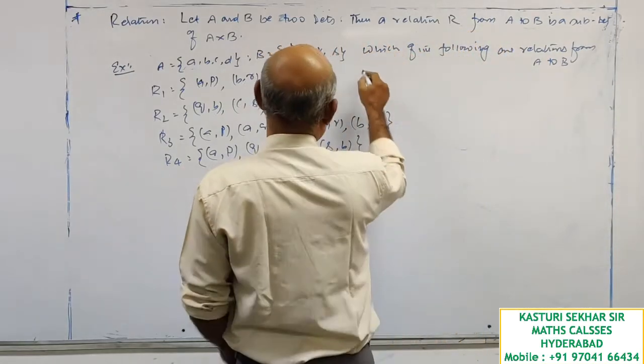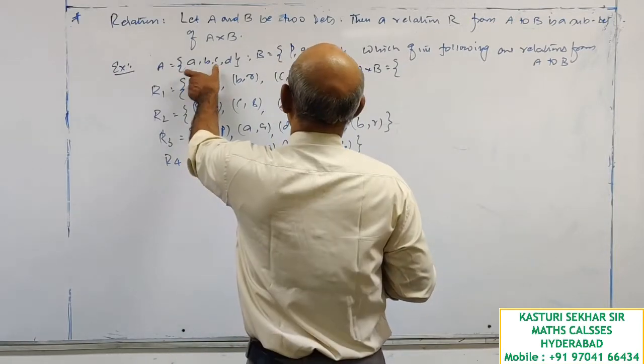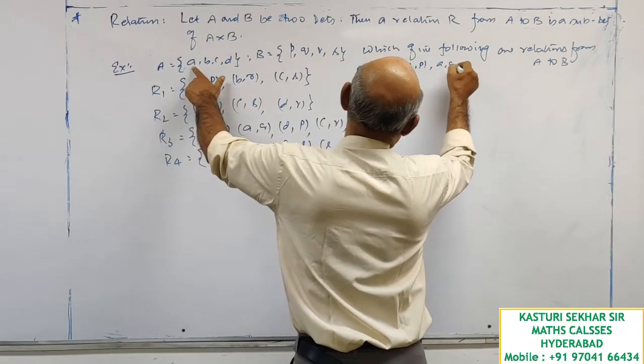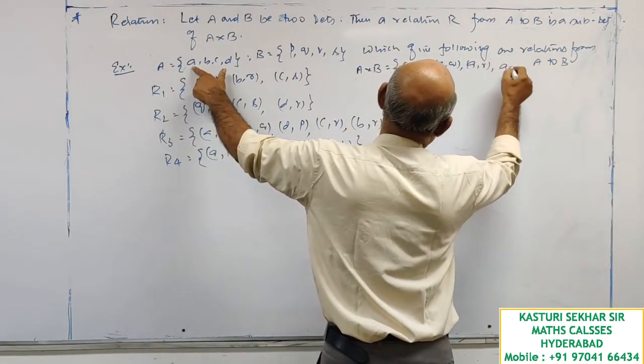Next, if I go for A cross B, A cross B has how many elements? 4 into 4, 16. (a, p), (a, q), (a, r), (a, s).